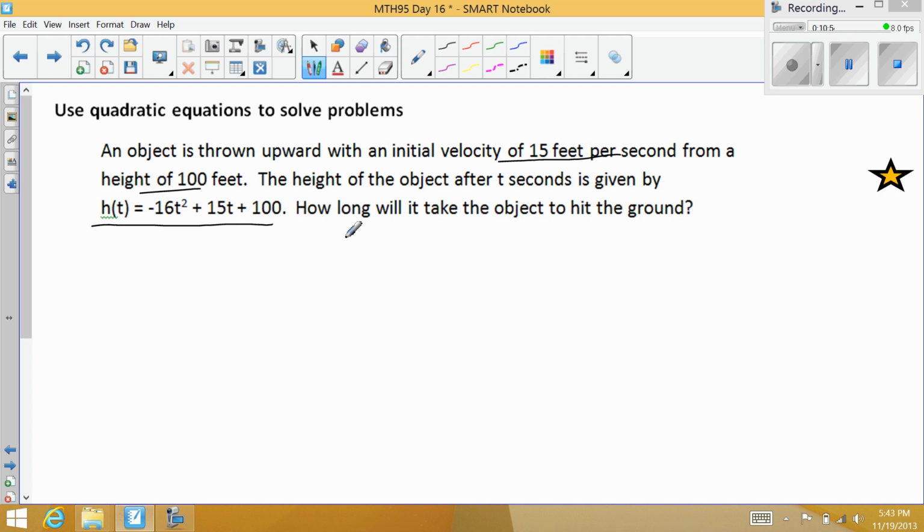In this particular problem, we're looking for how long it will take the object to hit the ground. So if we're throwing the object from a height of 100 feet, it goes up, it hits the ground. The height of the object when it hits the ground is 0. So we're going to take this equation and set it equal to 0.